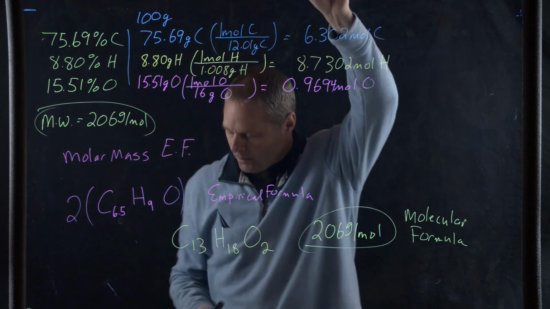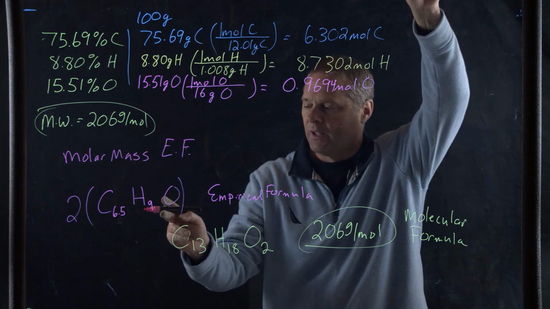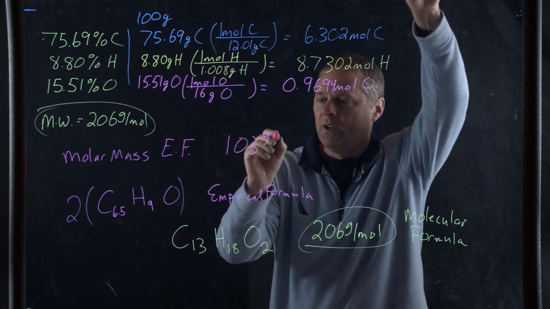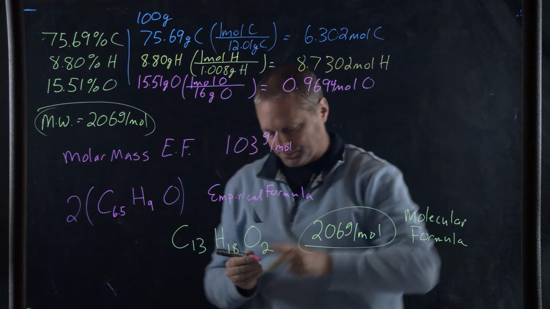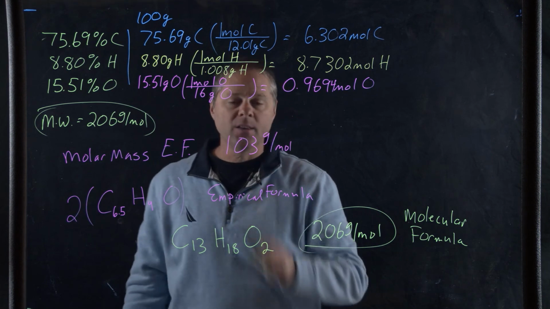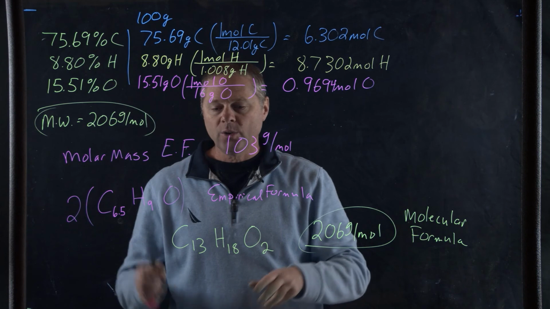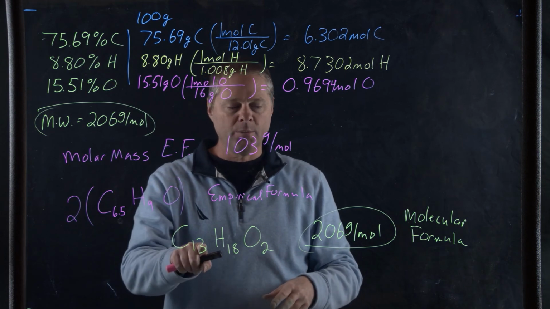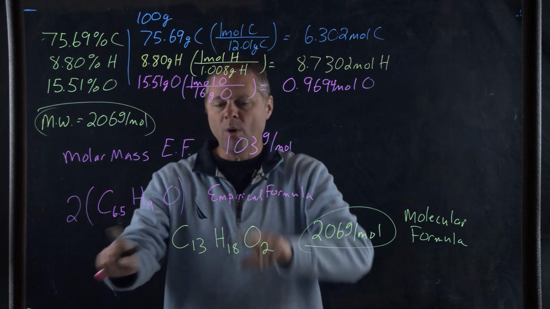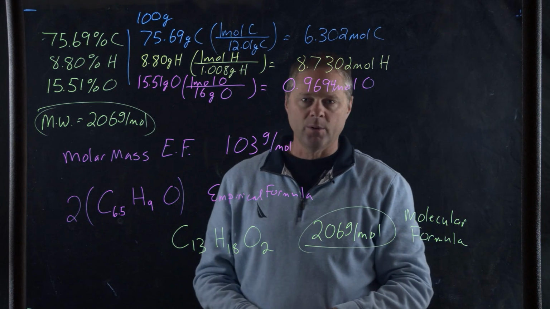When you do the calculation, you come up with 103 grams per mole. You can then take the given molar mass and divide it by the molar mass of the empirical formula, and you'll find that it is 2. Because the ratio is 2, you simply multiply the empirical formula by 2, and you get the molecular formula.